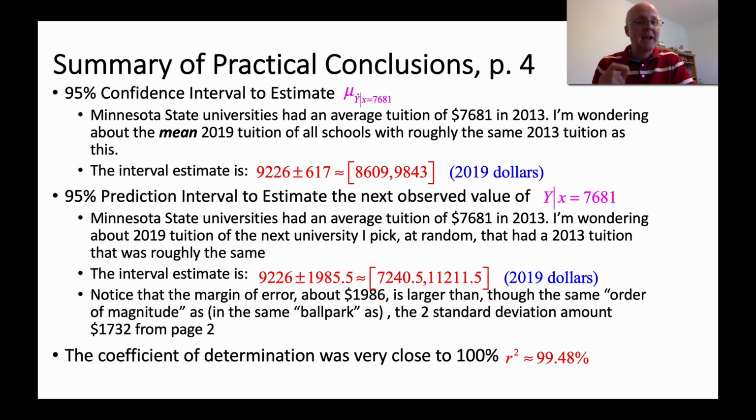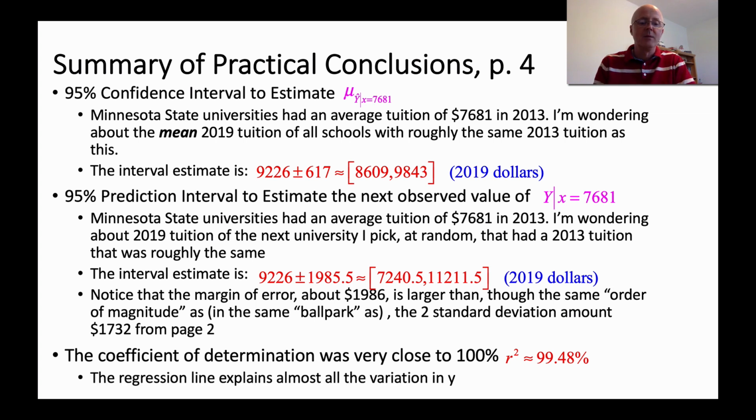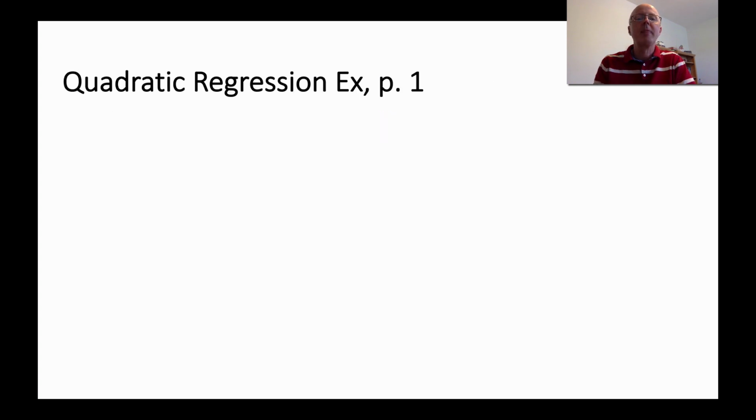SSE, sum of the squares of the errors, though above 1 million as we saw in the last lecture, is still small compared to SSR and SST, sum of squares of regression and sum of squares total. Those numbers were in the billions. The regression line explains almost all the variation, and there's very little random variability above and below the regression line relative to the scale that we're talking about.